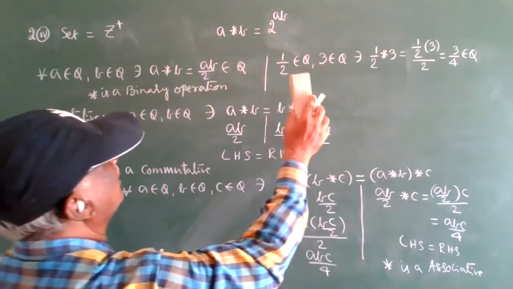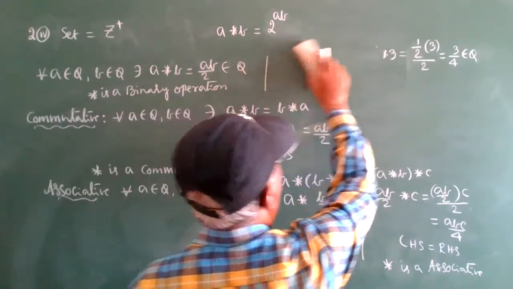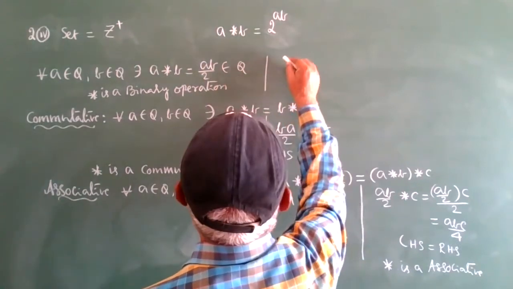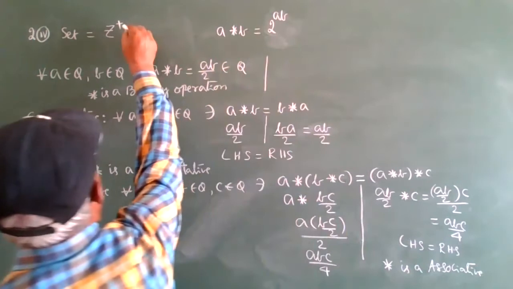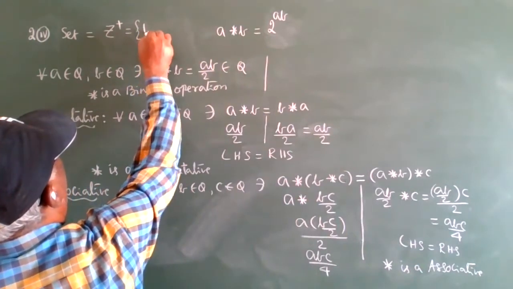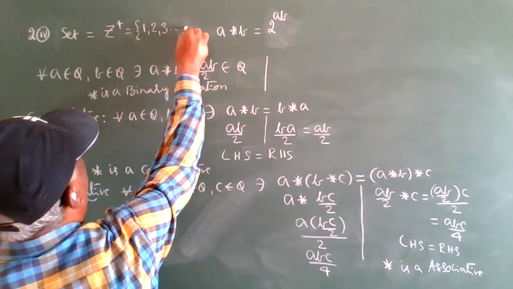I will take A as a positive element, Z plus meaning 1, 2, 3 up to infinity.